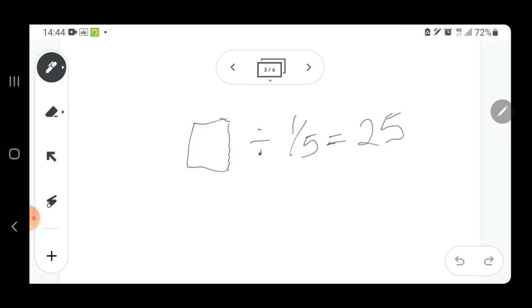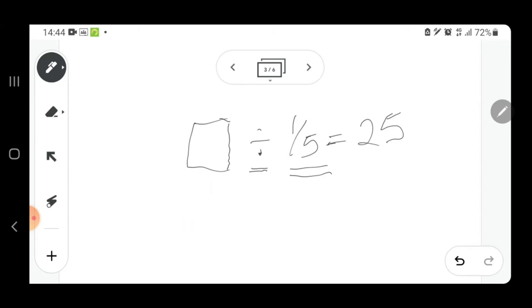One of the steps that need to take place here is this part of the fraction needs to be flipped, and once this part is flipped, the operation sign will have to change.